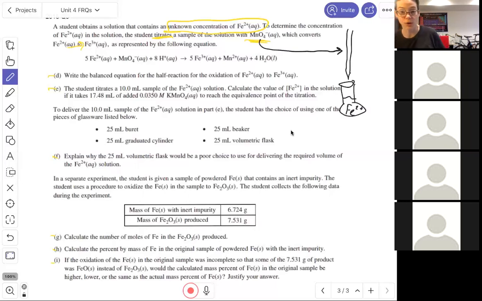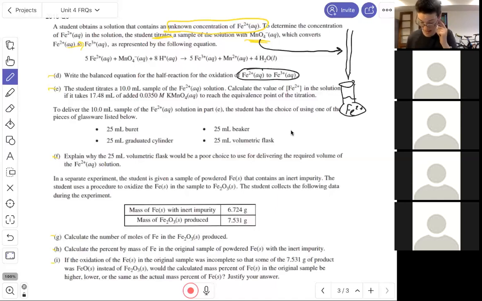They haven't specifically asked for that, but when they talk about a titration, it is helpful to make a quick physical sketch, or at least have a mental picture of what is in what piece of equipment, because sometimes that can help you figure out what's going on. They give me this big, long equation and say, write the balanced equation for the half reaction of just this.